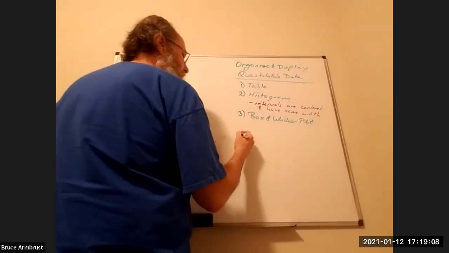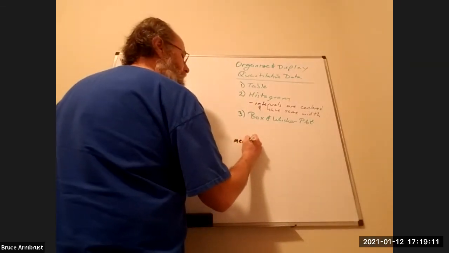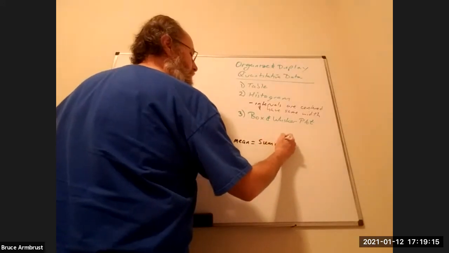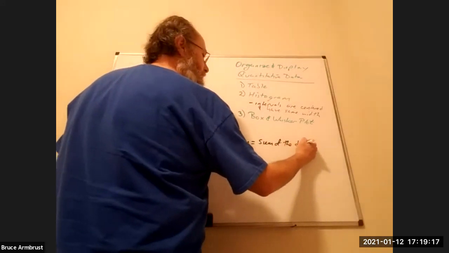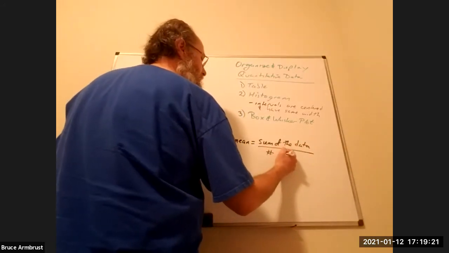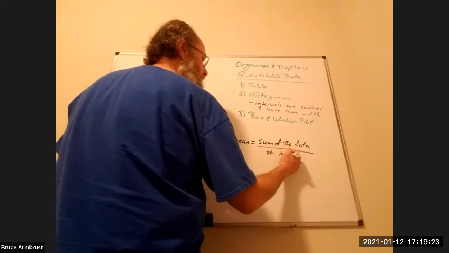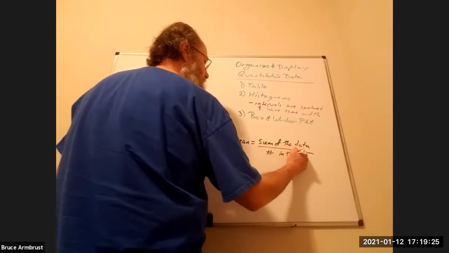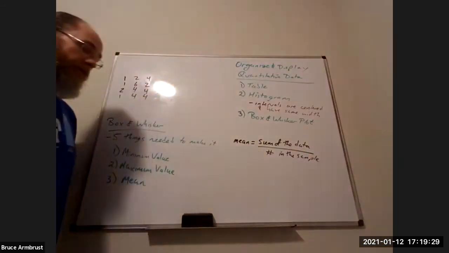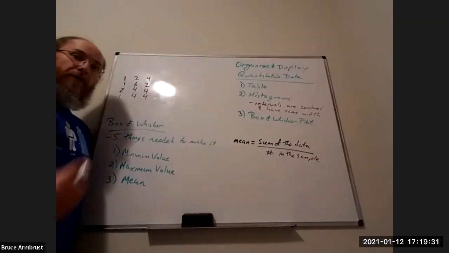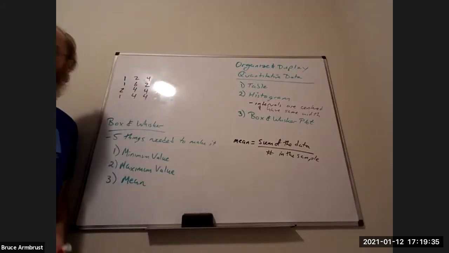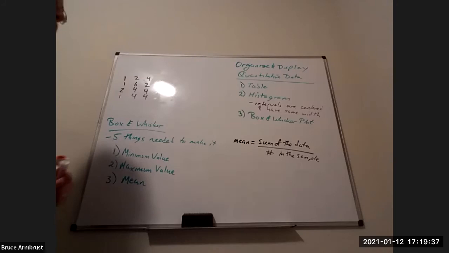If you want to get the mean, it equals the sum of the data divided by the number in the sample. So if we're talking about the mean of our sample, it's add up all the data and then divide by the number in that sample.